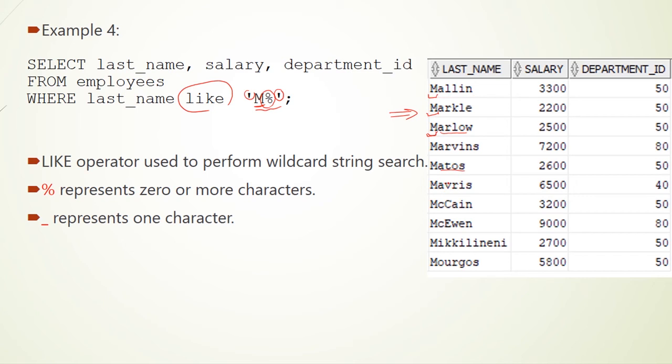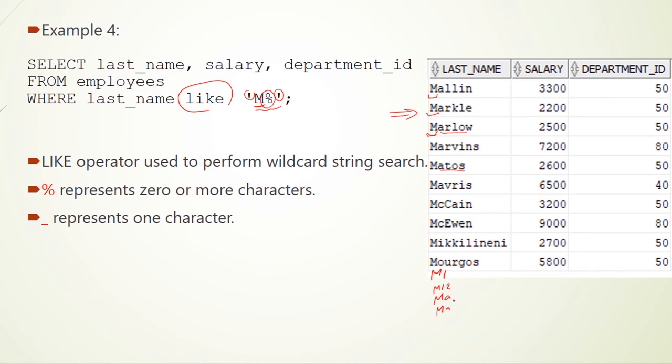So percent represents 0 or more characters. It can be any character. If there is an employee name, for example M1, it will also be returned by the select statement. If there is an employee last name, for example M12, it will be returned. MA, it will be returned by the select statement.